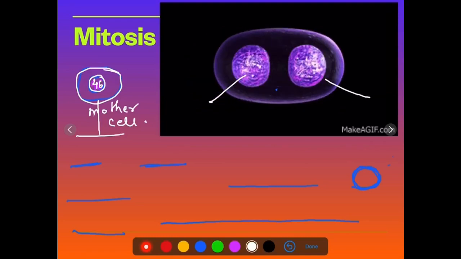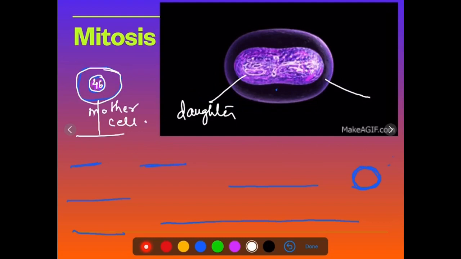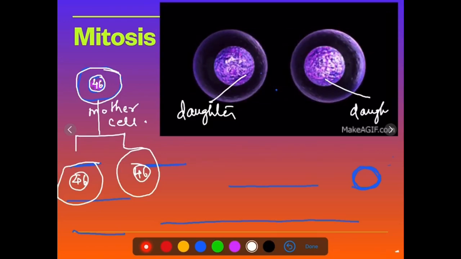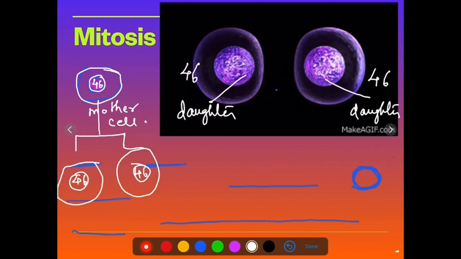These are daughter cells, one daughter cell and another daughter cell, and these daughter cells should have 46 chromosomes each, and the mother cell should also have 46 chromosomes.